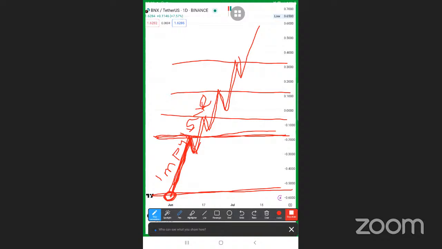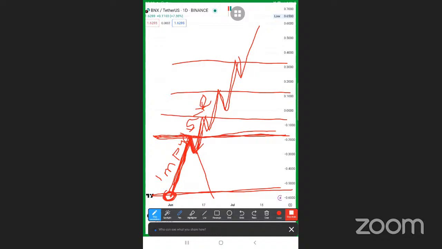You are going to exit here. Then you wait for the market to retrace. Is it going to continue to go up, or probably it will come down again here? So you enter here, you exit here, you wait for the market to come down or to retrace. When it has done the retracement, you will be preparing to enter again to climb with another impulsive move that the market is going to make.